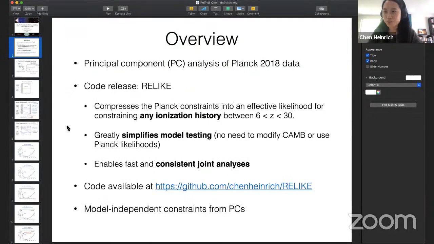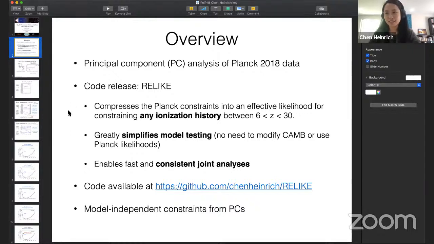Let me give you a brief overview of what we're going to talk about today before delving into the details. This is my 1-minute summary up front. We're using a principal component analysis. We've heard about KSZ, which is mostly on small scales. This is going to be about the large scale E-mode polarization data.